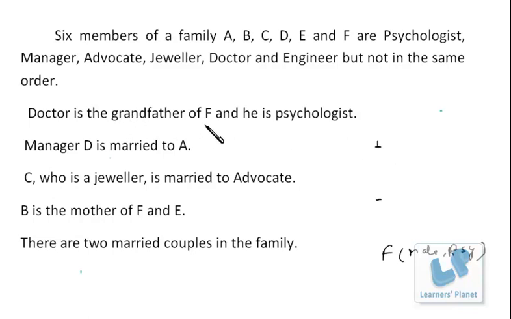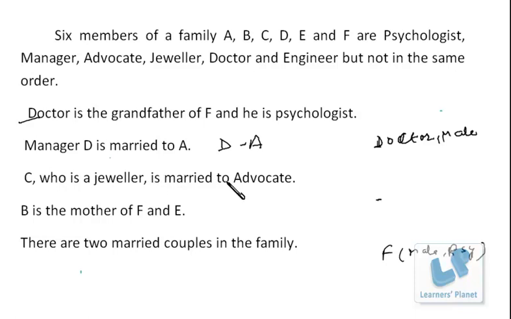Now doctor is the grandfather of F, right? So here we know doctor is there and he is a male, because doctor is grandfather. So doctor and male. It's clear. Now D is married to A. That means D and A should be in this generation or this generation.